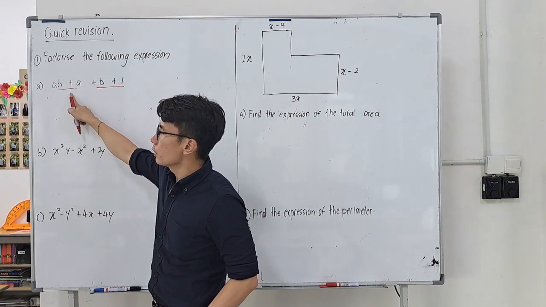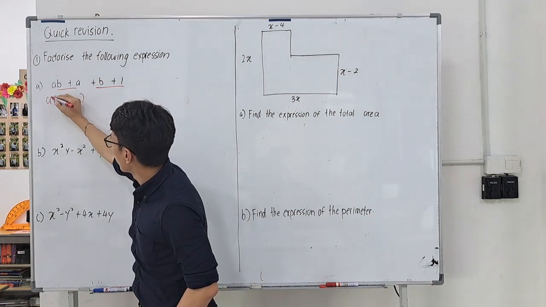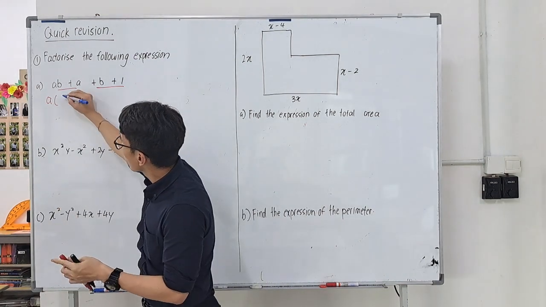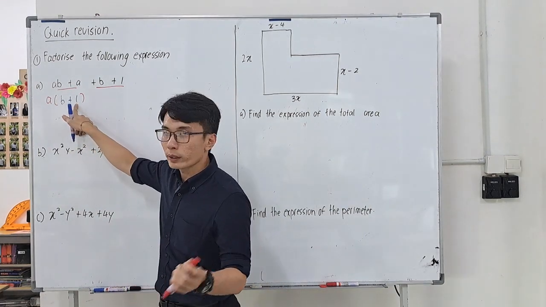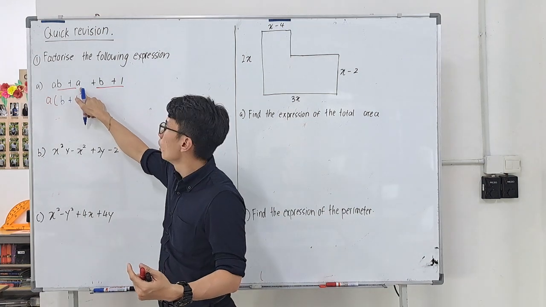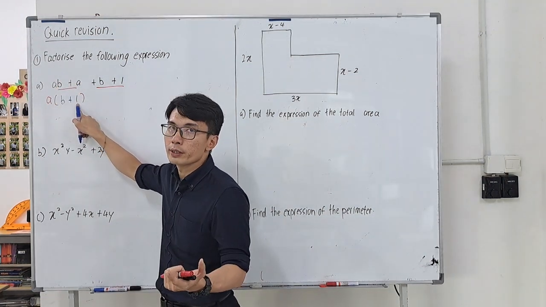In this case, if you notice, I can take out A, and what's left in my bracket is going to be B plus 1. Correct or not? Where does this 1 come from? Always remember, if you look at an unknown and you remove that unknown, it's only going to be 1 over there.